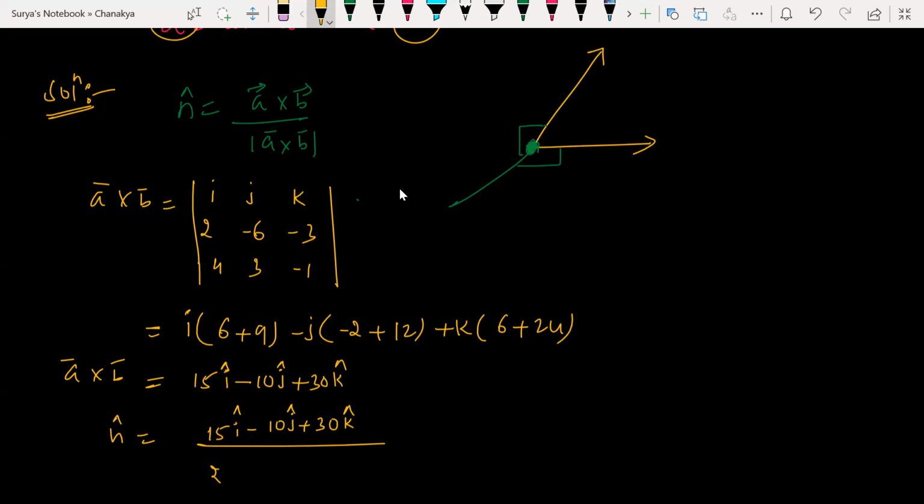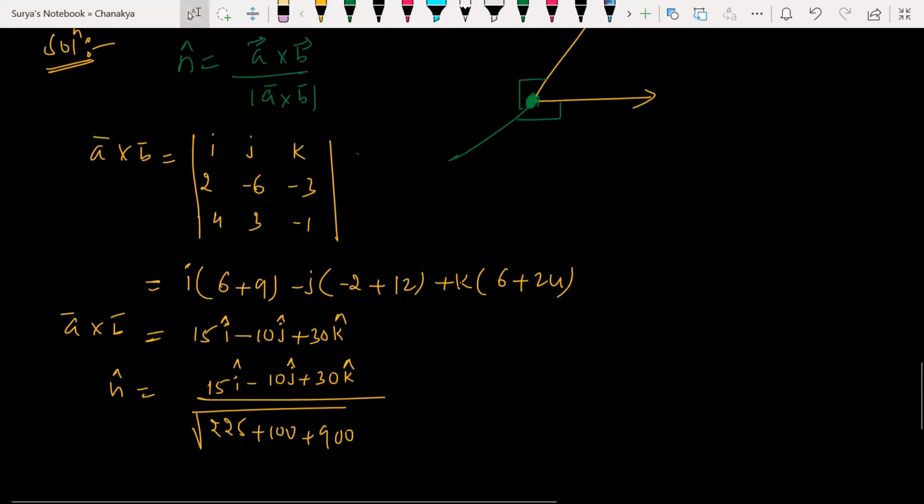Oh, here minus plus 6, correct only. Any calculation mistake? Minus 2 plus 12. Yeah, correct only, right? 15, 10, minus 10, हाँ correct only. So square root of कितना इधर? Square root of how much? 225 plus 100 plus 900. Okay. So 1225.